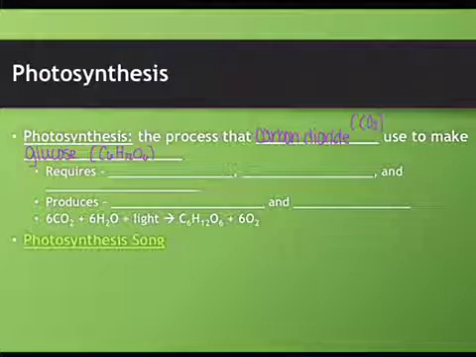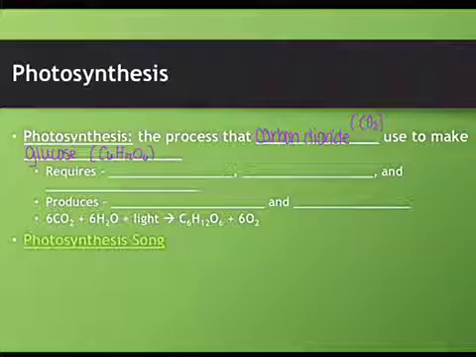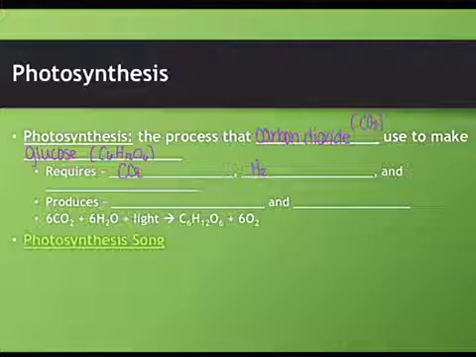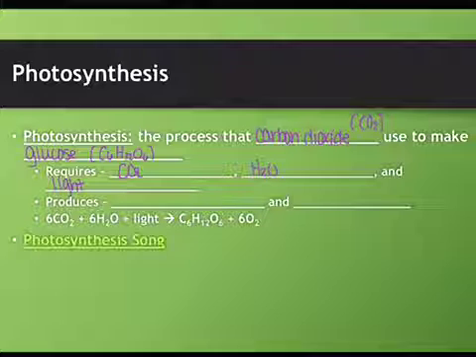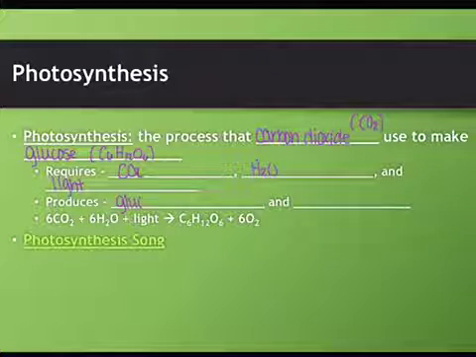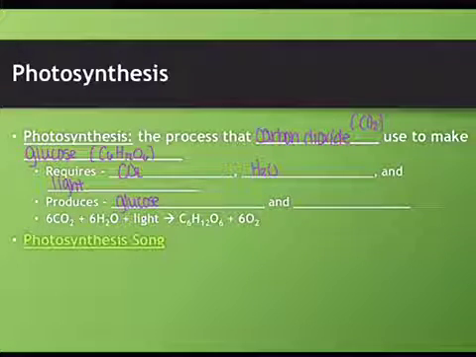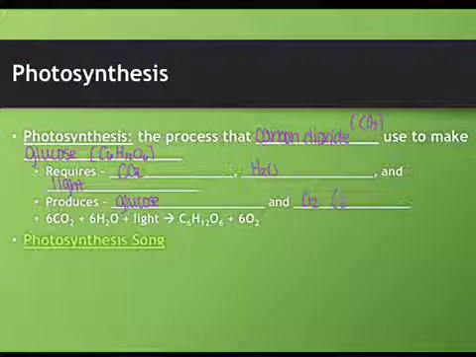And so in order to do this, the process needs to start with carbon dioxide, and we need some water, and then lastly we need some light. And all of these will combine to produce glucose and oxygen, which we're going to abbreviate as O2.